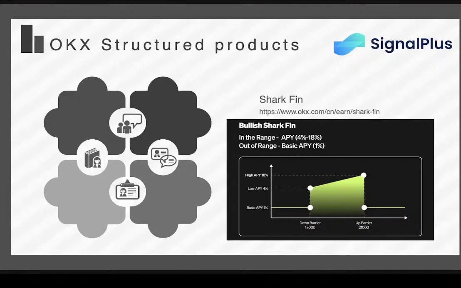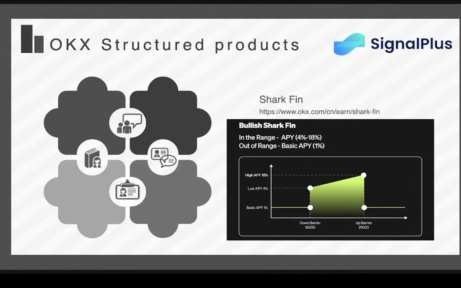However, when the price is out of range, in this example outside of 18K to 21K, the trader might only get 1% APY in return. Behind the scenes, this is actually structured by options. OKX is also pushing structured products like this. So when the price stays stable within the range, this trader would earn.